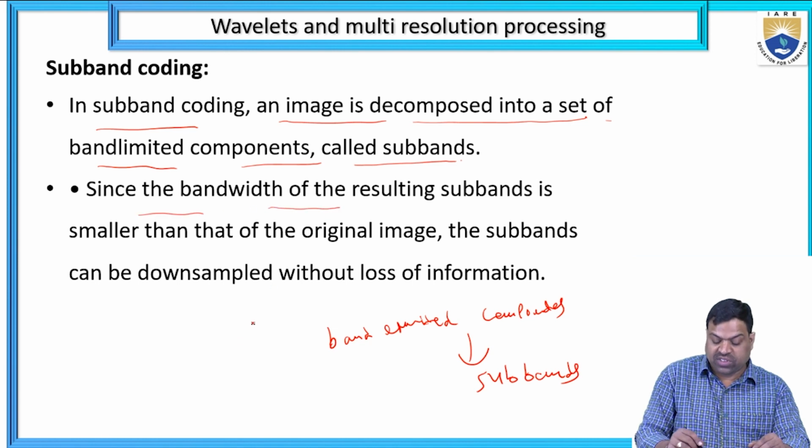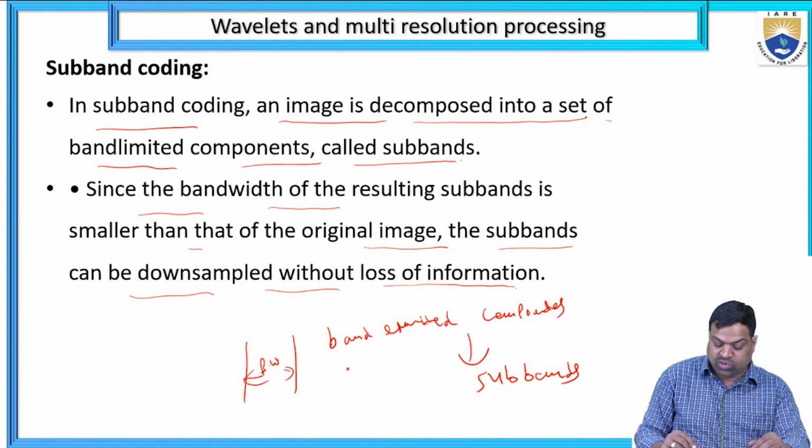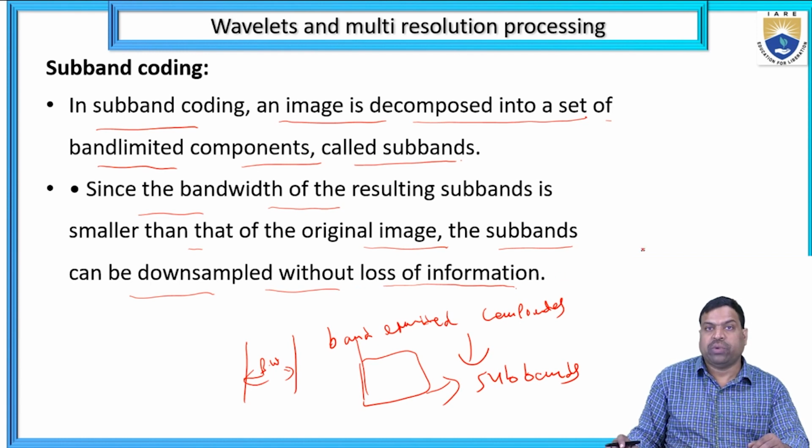Since the bandwidth of the resultant subband is smaller than that of the original image, the subband can be downsampled without loss of information. That is subband coding.